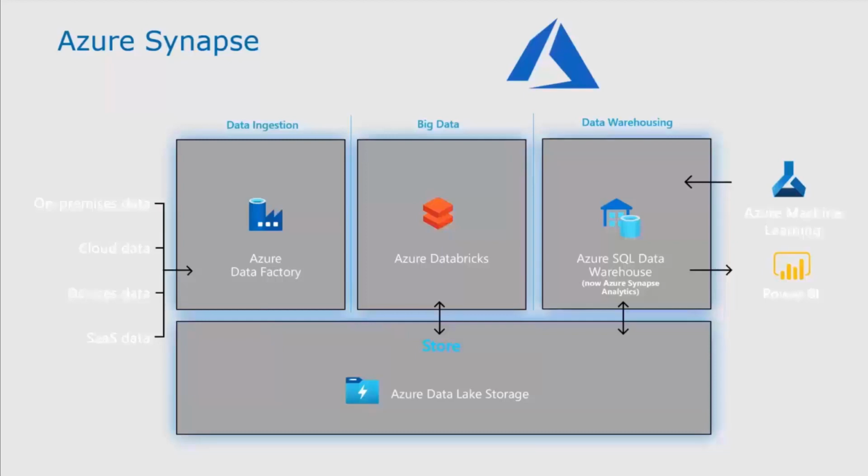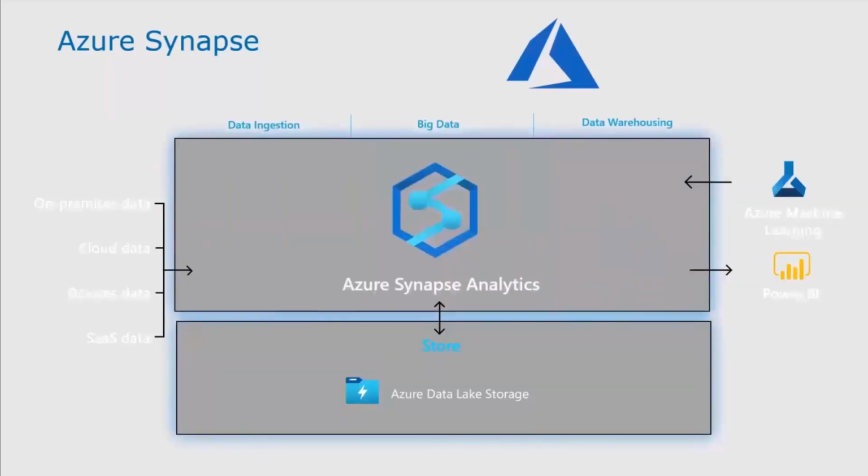Typically, before Synapse came in, you had to use Data Factory to ingest, then use Databricks or similar to transform the data and dump that into your data lake store or directly into your SQL Data Warehouse, and then that would be available for querying. Synapse Analytics tries to pull that full breadth of ingestion, transformation, and data warehousing into one single package, which is basically what you see as the Azure Synapse Studio, and then talk on top of Azure Data Lake Store.